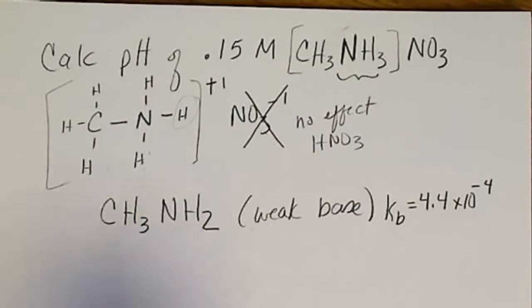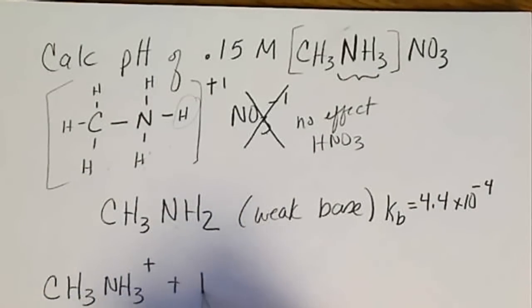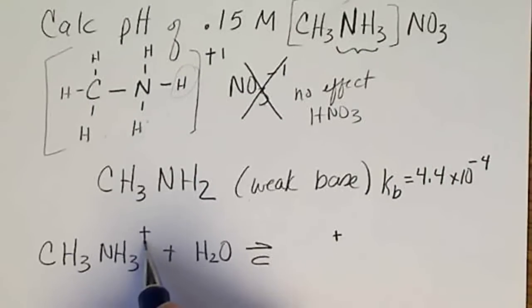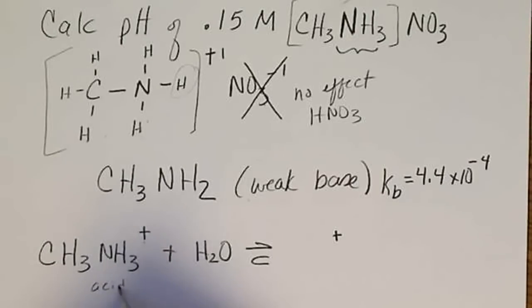So what we want to do is recognize the ion and recognize the weak base, so that we have the conjugate acid-base pair. So if we write this with water, CH3NH3 plus in the presence of water, we're going to end up with something plus over here because of that positive charge. Water in the presence of this acid is going to act like a base and accept a proton from here.